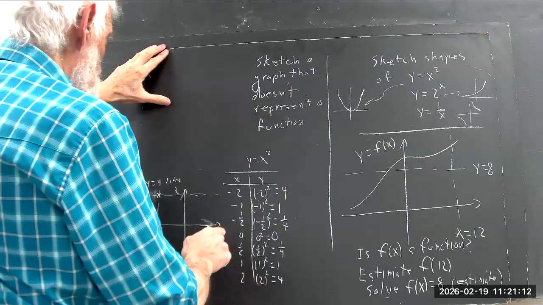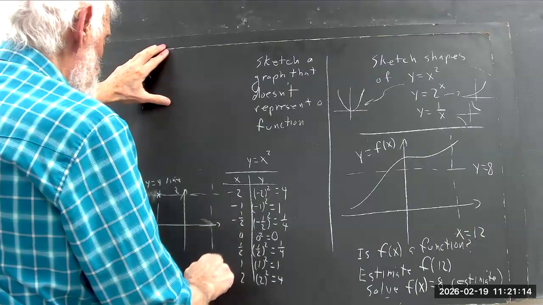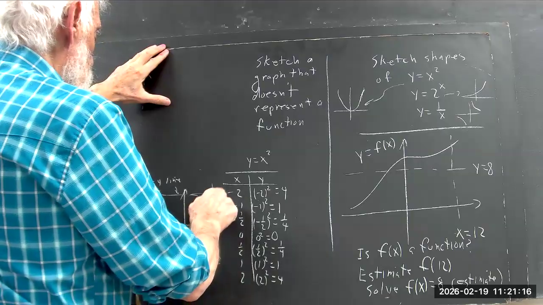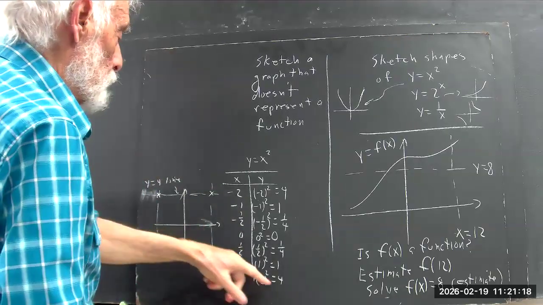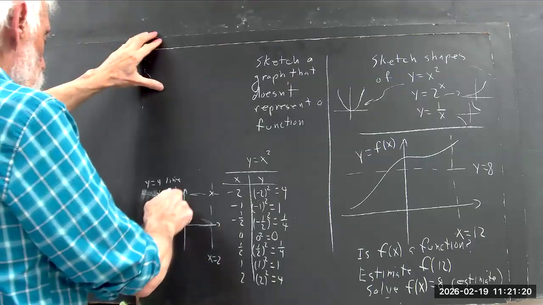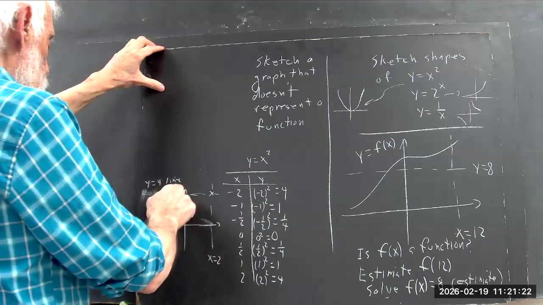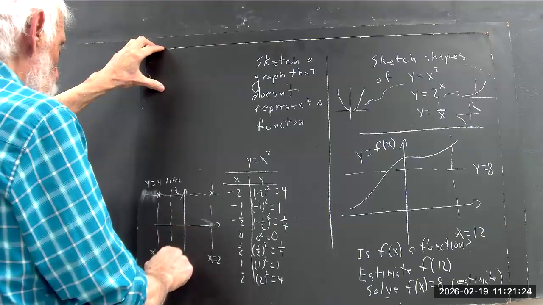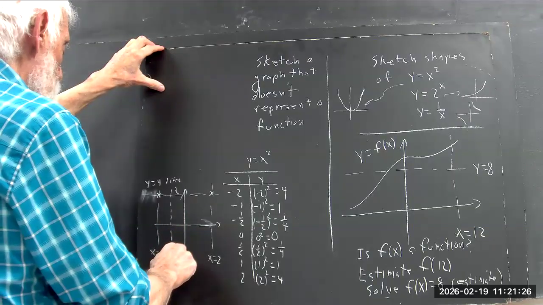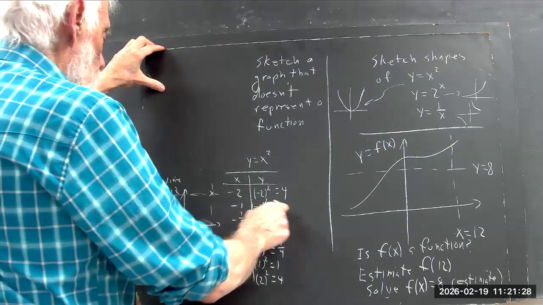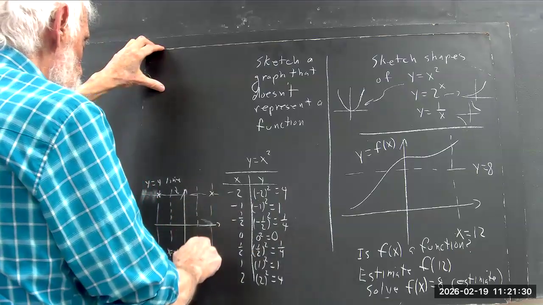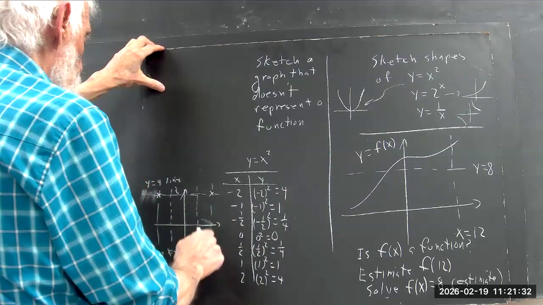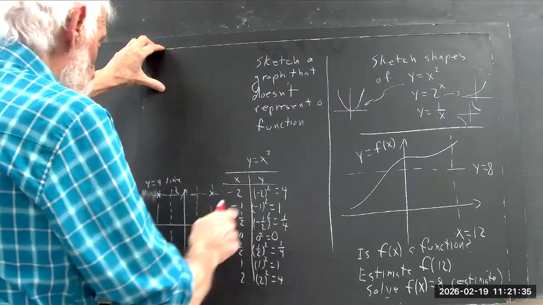And of course, if x equals 2, you get the same thing: x equals 2, y equals 4. If x equals -1, you're going to get 1. If x equals 1, you're going to get 1. So you want y equals 1.